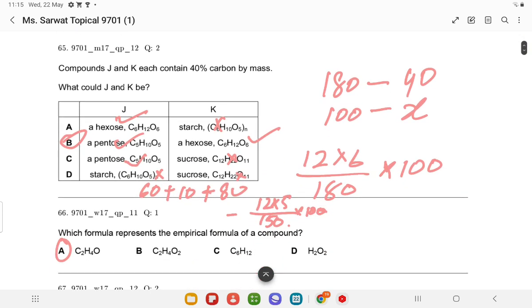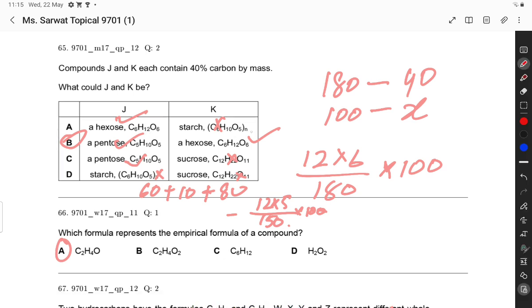Next question: compounds J and K each contain 40% carbon by mass. What could J and K be? So this is glucose, 180, and this is C6H10O5. So 180 contains 40% carbon by mass in this compound.